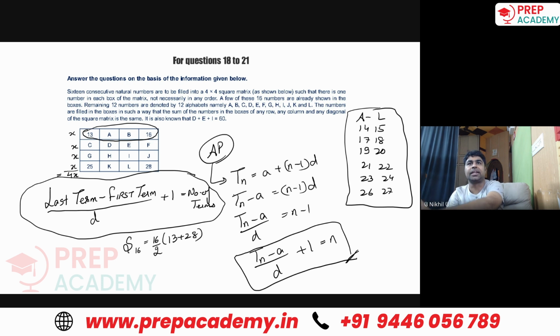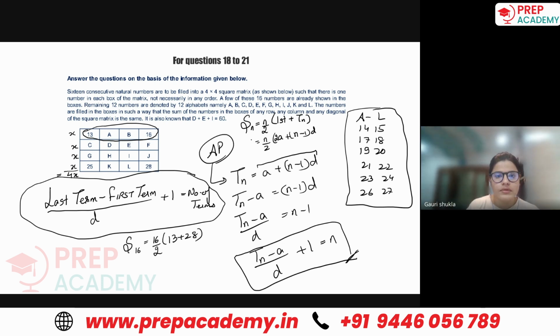Because what is this in arithmetic progression? The second formula is the sum of n terms, which is n upon 2 into first term plus the last term, or it is 2A plus n minus 1 into D. I'm sure you have learned this formula.